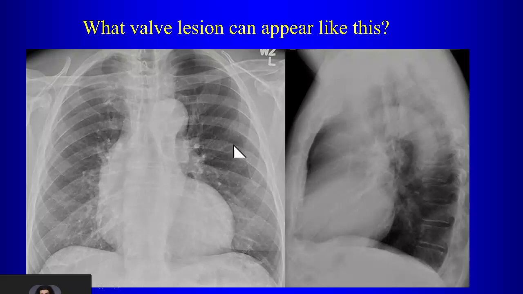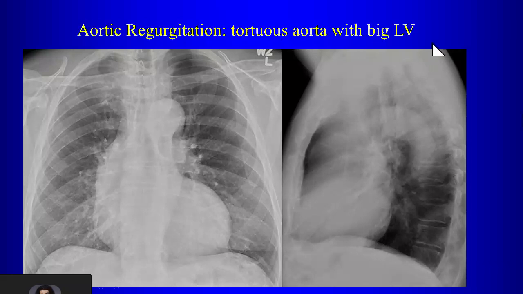What about the heart itself? Yeah, the LV looks like the left ventricle here. Looks like the left ventricle is enlarged, right? So what valvular lesion would give you tortuosity or dilatation of the ascending and descending aorta and dilatation of the left ventricle? Aortic insufficiency, yes, aortic insufficiency can do that, okay?